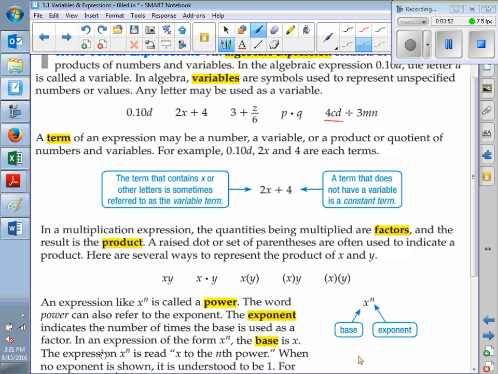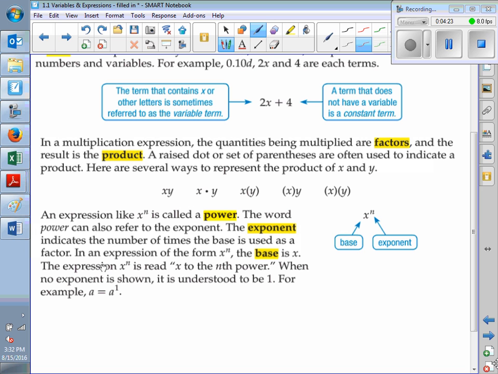Once you multiply those all together, you get the product, whatever the c and the d might be. Here, we have two terms for 2x plus 4, but this term has two factors. It has a 2 and an x. Is everybody clear with that? Do you see how you can determine what the factors are? All right.